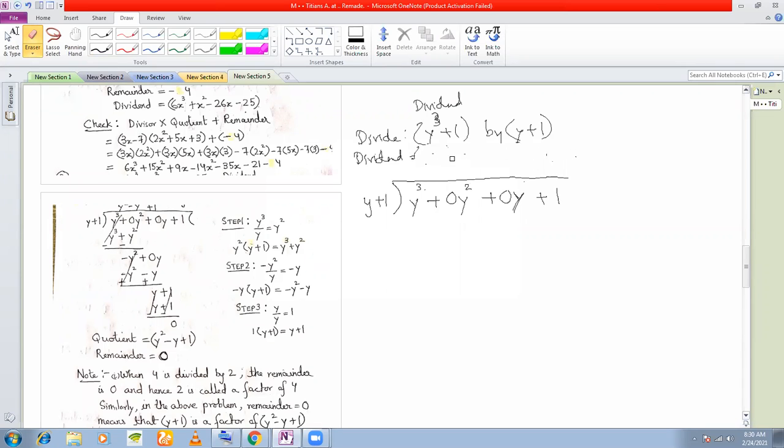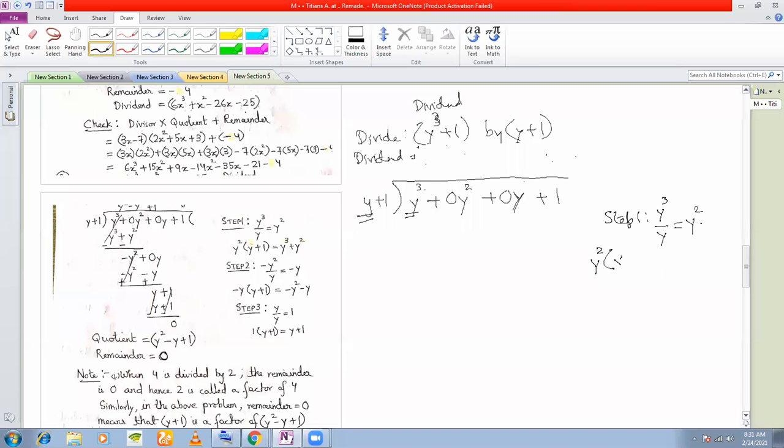First of all, you see the first term of the dividend. What is the first term here? Y cube. So step 1: y cube is there, and the first term of the divisor here is y. So you divide y cube by y to get y square. Now you multiply this y square by the divisor. Which one is the divisor? Y plus 1 is the divisor.